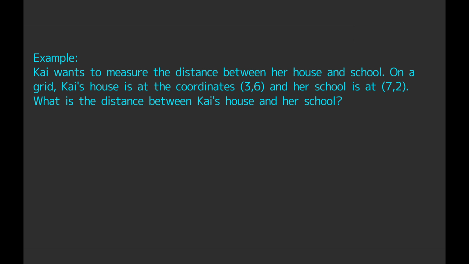So let me write that out. The distance formula is D equals the square root of x2 minus x1 squared plus y2 minus y1 squared.